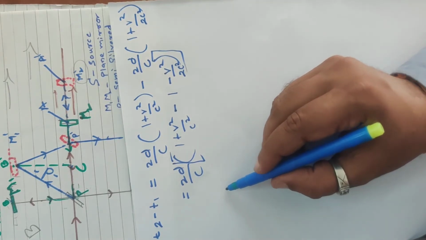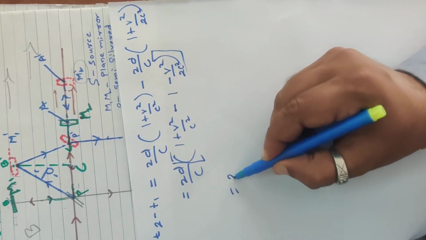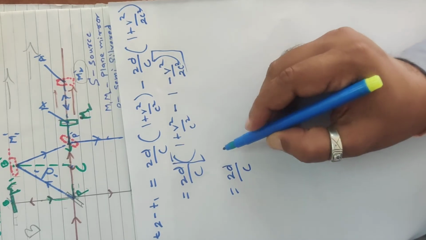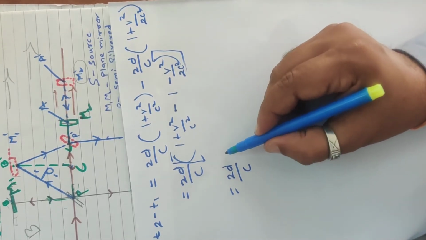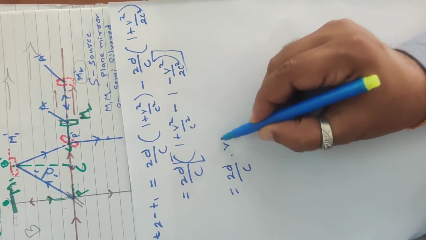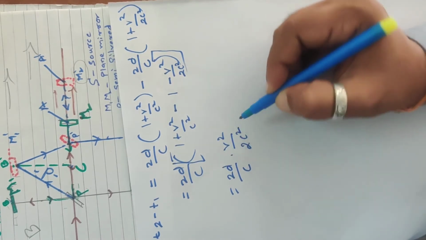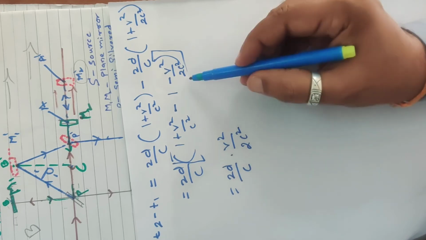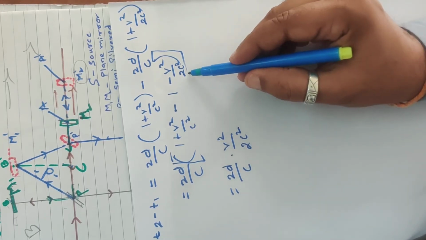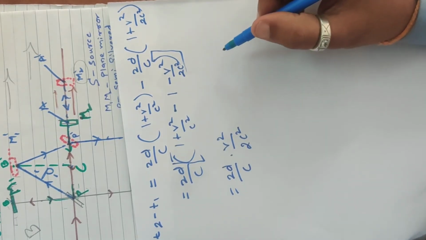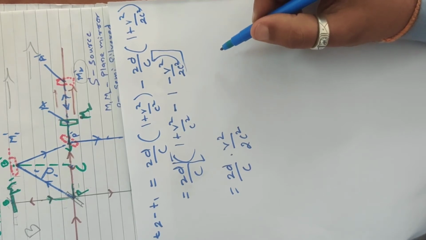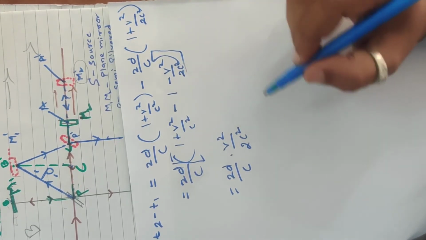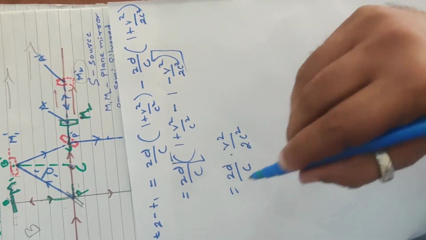Also the remaining term I can write: 2d upon c into v square upon 2c square, because one c and another c will be subtracted. It is 2c square. It is just like 1 by b minus 1 by 2b will be the same 1 by 2b. Therefore this is the remaining term.